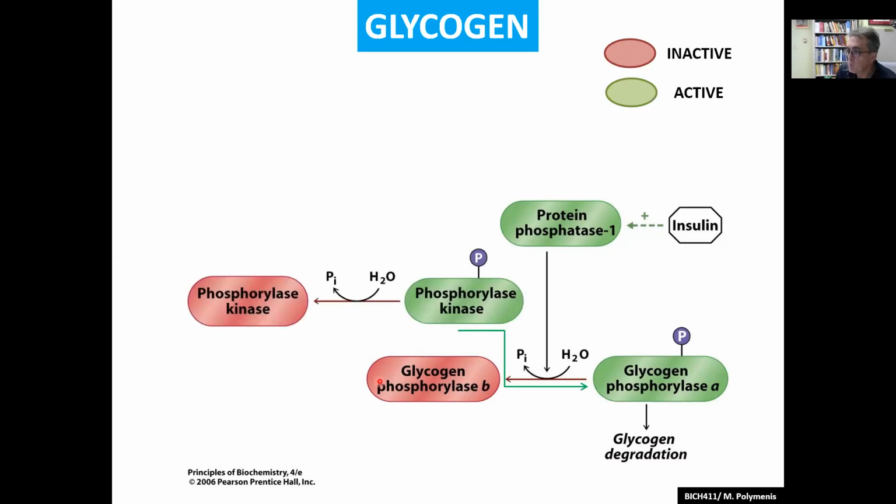So who puts it on? The writer enzyme of this phosphorylation on glycogen phosphorylase is called phosphorylase kinase. It's another protein kinase that puts this phosphate on. And the writer itself is actually also regulated by phosphorylation. So we have these cascades of phosphorylation events, right?